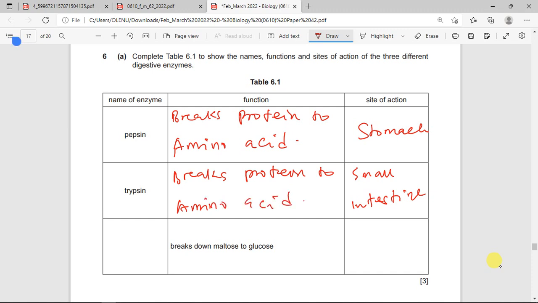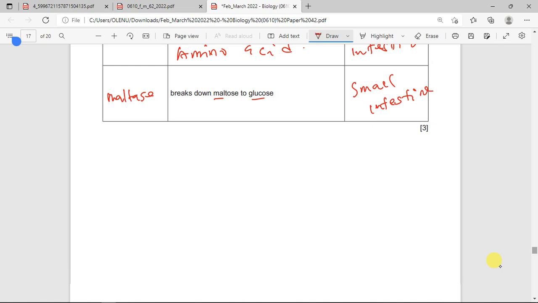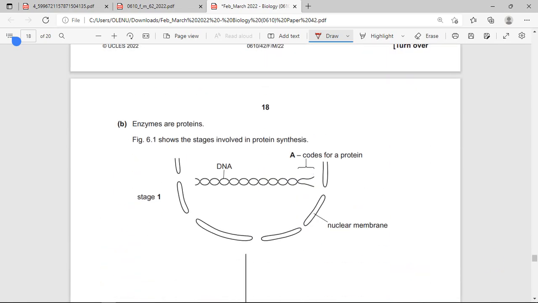Now they say break down maltose to glucose. Maltose to glucose, the enzyme is maltase, and the site is the small intestine. That's it. 3 marks.